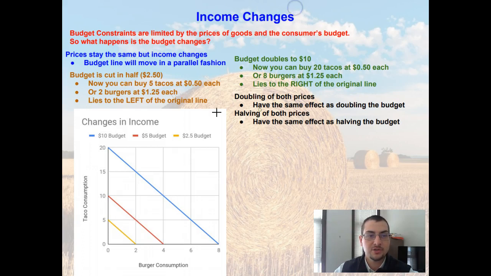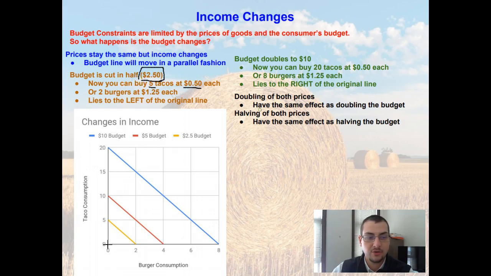So let's say a budget constraint is cut in half. Now you can buy only 5 tacos and no hamburgers for $2.50. Remember, each taco is 50 cents. You can buy 5 tacos at 50 cents a piece and spend your $2.50.